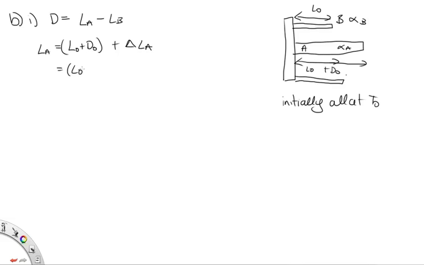The change in length A is given by the initial length, L naught plus D naught, times alpha A, times the change in temperature, which is T minus T naught.